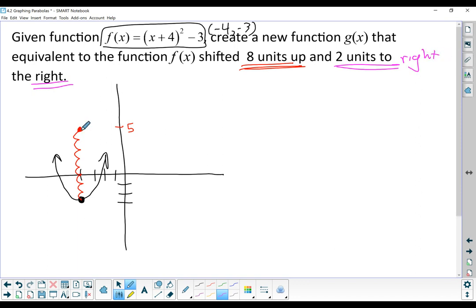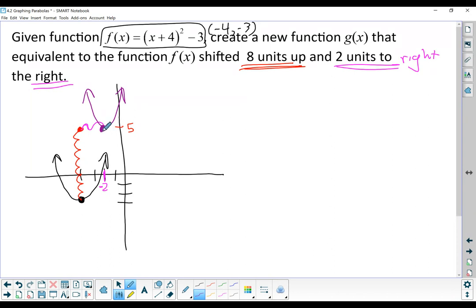So 2 units to the right. 1, 2. Wasn't a very good jump, huh? So if I was at -4 and I went 2 units to the right, I'm now at -2. So this is like our new vertex. I went up 8 and over 2, and here's my U shape now.